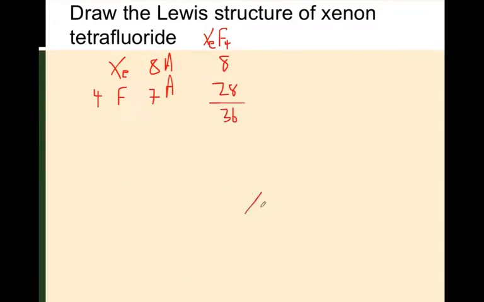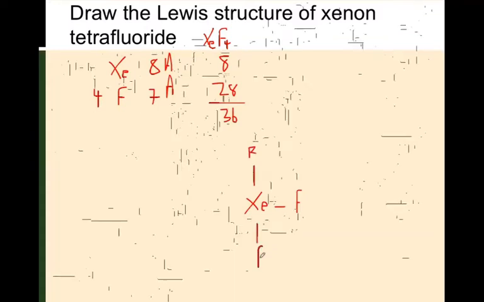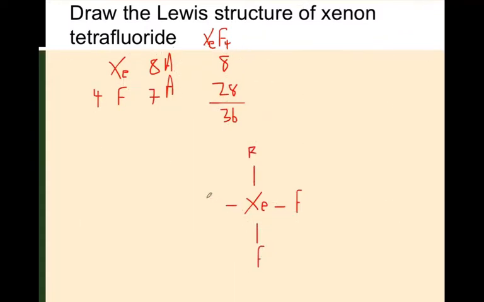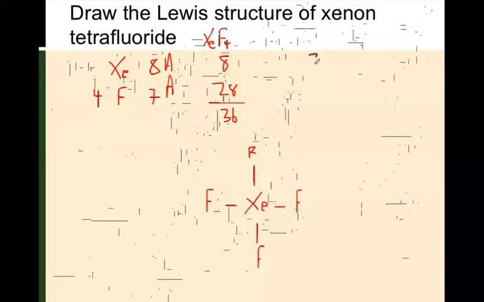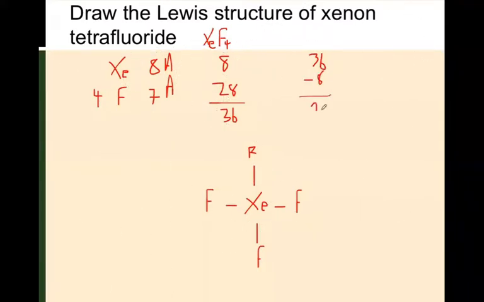So we have xenon, put fluorines in. We have 4 bond pairs, so that's 36 minus 8, which gives 28. Then we distribute the remaining electrons as lone pairs.